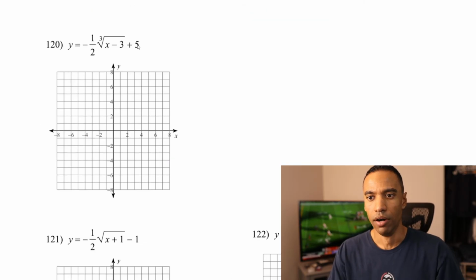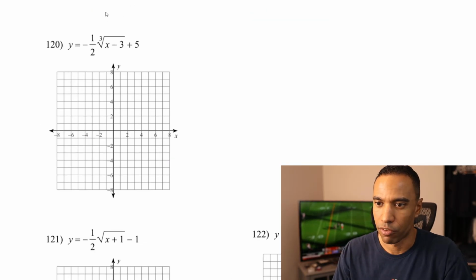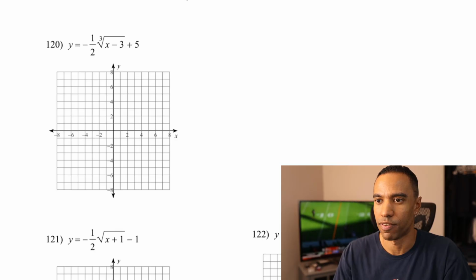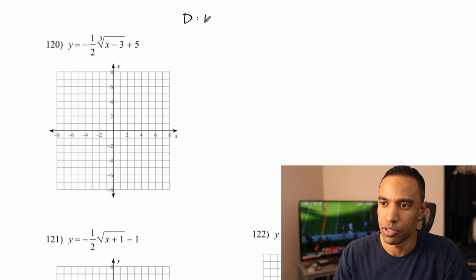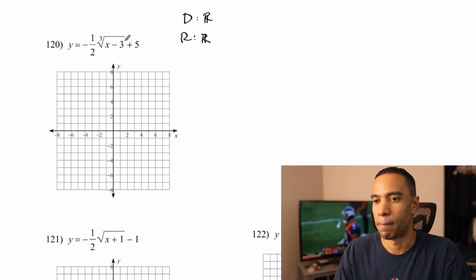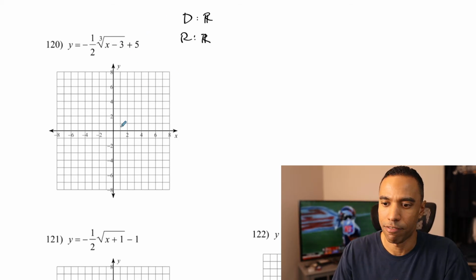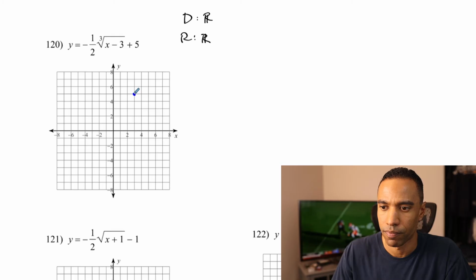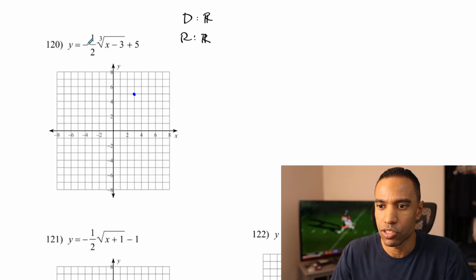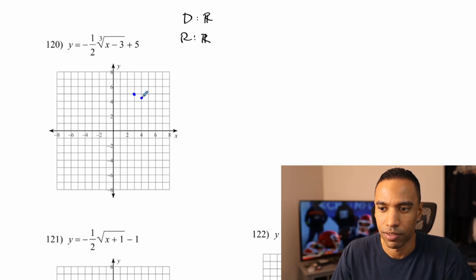Okay, let's go. Y equals -1/2 times cube root of x minus 3 plus 5. Again, domain and range are all real numbers for cube roots. Our center is at 3, 5. And 1, 1, 8, 2 is going to be flipped over from the negative and halved. Instead of 1, 1, it's 1, 1/2.